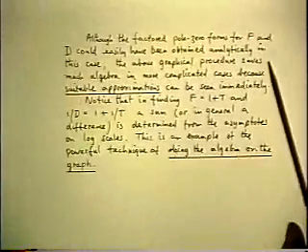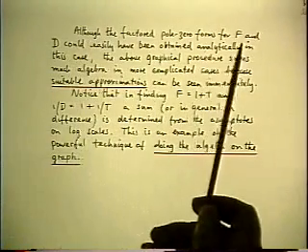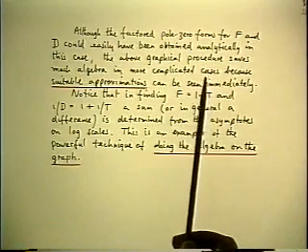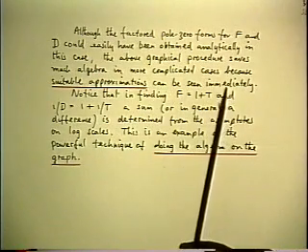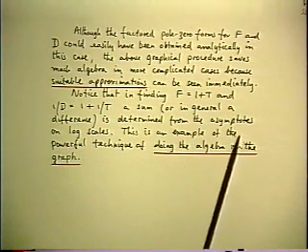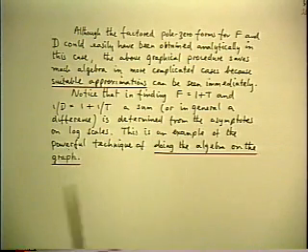So, even though in these simple cases we could have obtained the pole zero forms for F and D by algebra, the graphical procedure saves the algebra in much more complicated cases where it might easily get out of hand. So this is an example of the technique of doing the algebra on the graph, which was one of the techniques in that original list that we had right at the beginning.